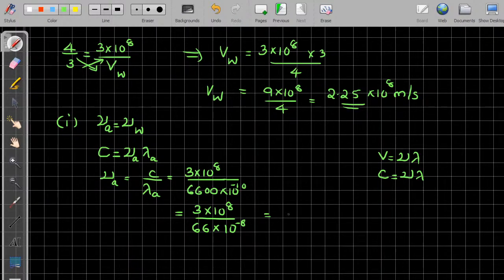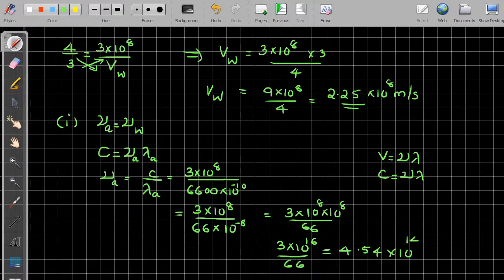Okay, so this 10 raised to minus 8 comes to the numerator, so it becomes 10 raised to plus 8. 10 raised to 8 into 10 raised to 8 divided by 66. So 3 into 10 raised to 16 divided by 66. If you solve this, you will get the answer nearly equal to 4.54 into 10 raised to 14.